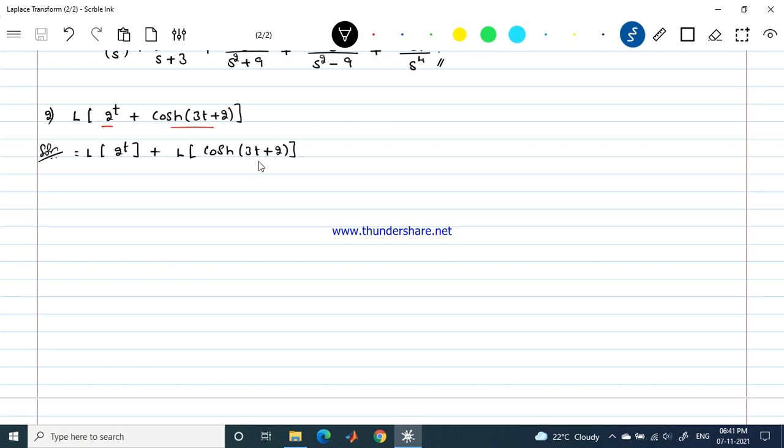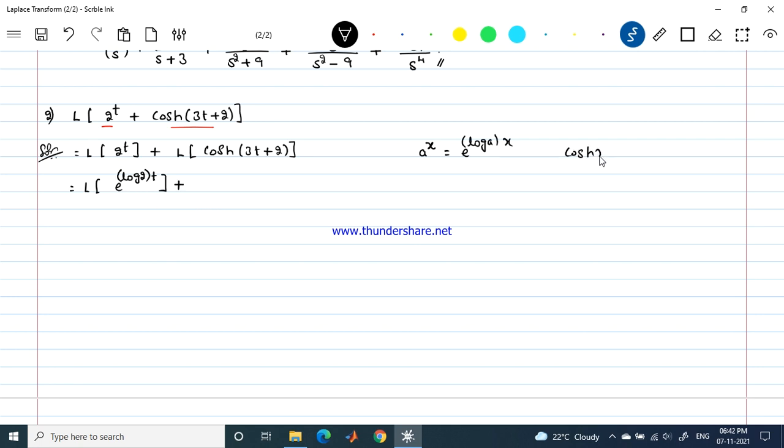So these two functions are not in standard form. We are making use of the idea that a power x is equal to e power log a into x, for this 2 power t. As a result, this becomes Laplace transform of e power log 2 multiplied to t.